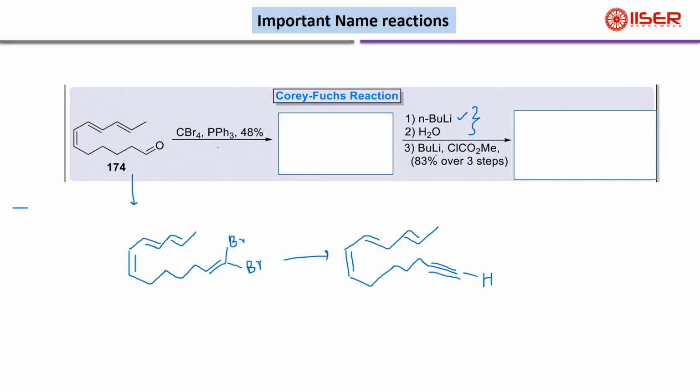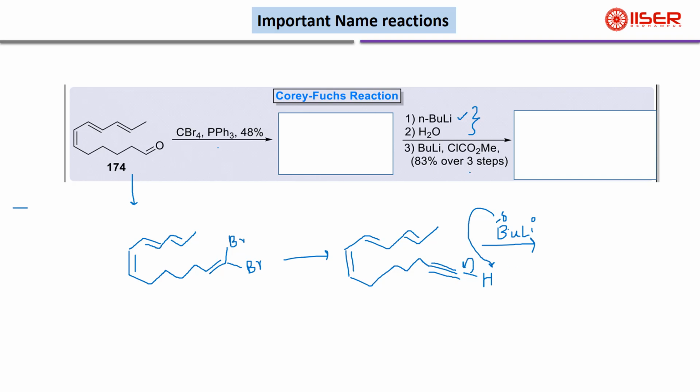Now in the next step, if you add butyl lithium and this methyl chloroformate, then what will happen? It will take a proton from here and generate a negative charge here.